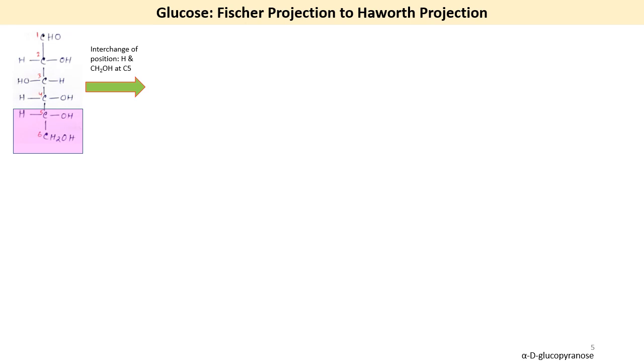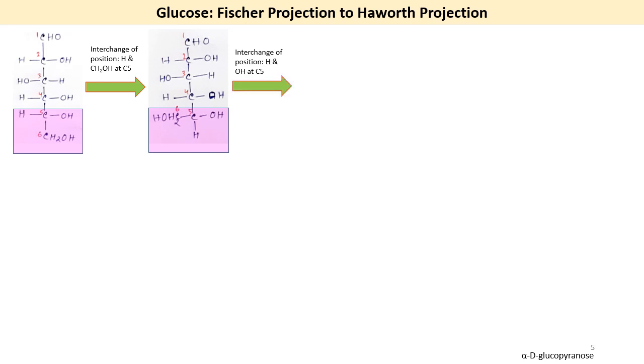So, if you interchange the position of hydrogen and CH2OH at C5, okay, hydrogen and CH2OH, not the OH group. So, we are just interchanging the position of two substituents. What we will get, everything else will be same, the OH group is also at the same place, only the hydrogen and CH2OH are changing place with each other.